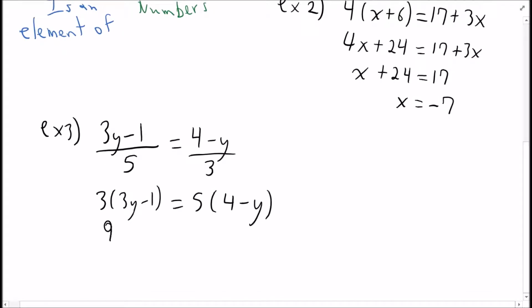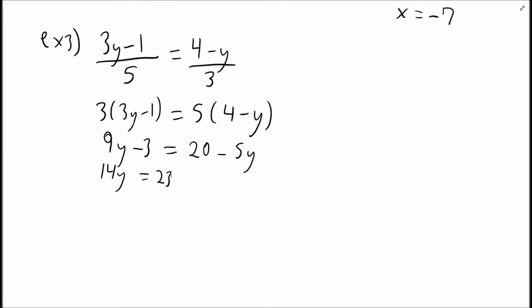Multiplying in, we get 9y minus 3 is equal to 20 minus 5y. So the next step would be to get the y's together. I'm going to add the 5y, bring it over to the other side. So I get 14y. And at the same time, I'm going to move that minus 3, so it'll become plus 3, which makes 23.